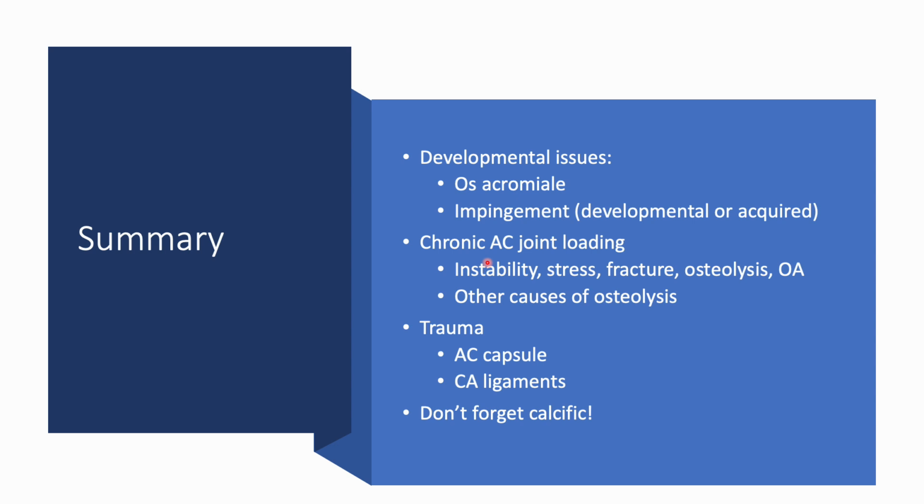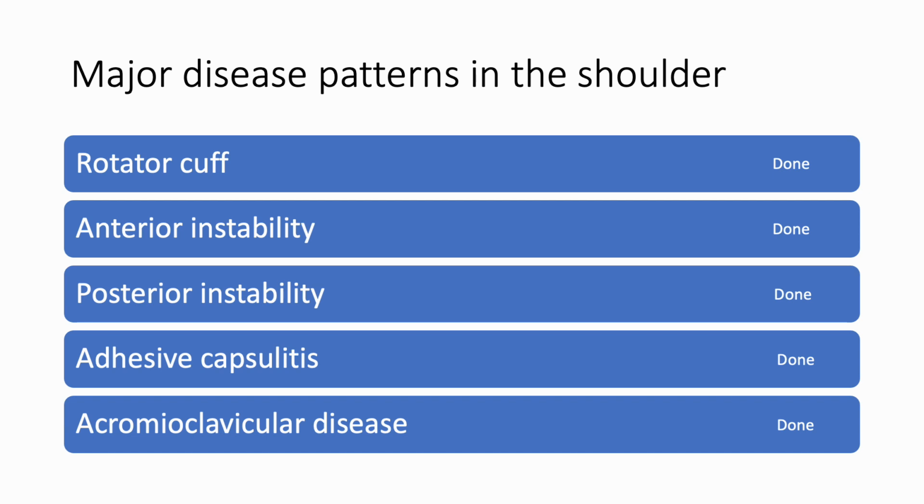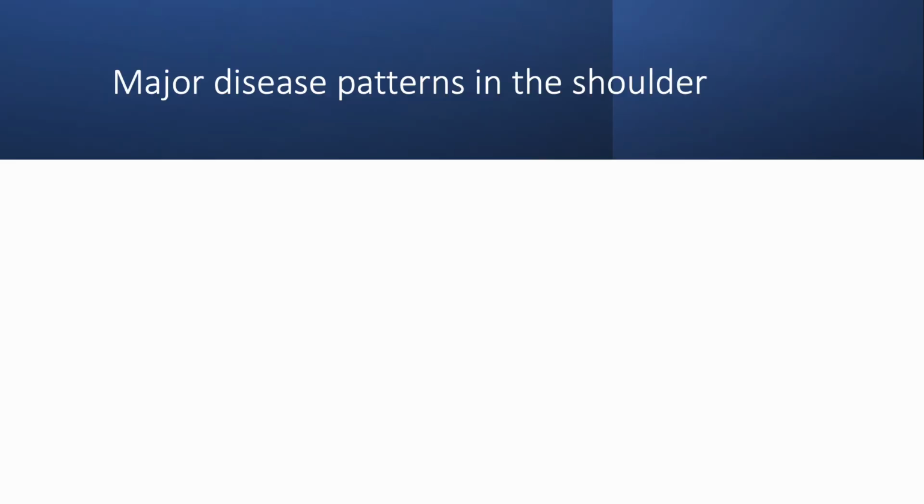We talked about trauma affecting the acromioclavicular joint capsule and the coracoacromial ligaments. And finally, we talked about across the entire shoulder. If we see edema that's unexplained, remember to look very, very carefully for calcific periarthritis. So that goes through our entire list of rotator cuff instability, posterior instability, adhesive capsulitis, and acromioclavicular disease.